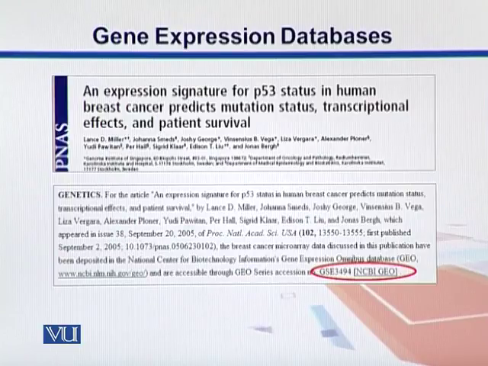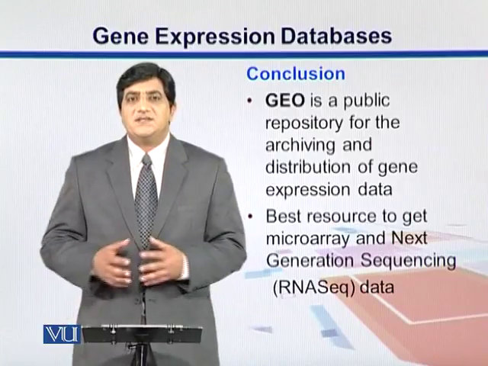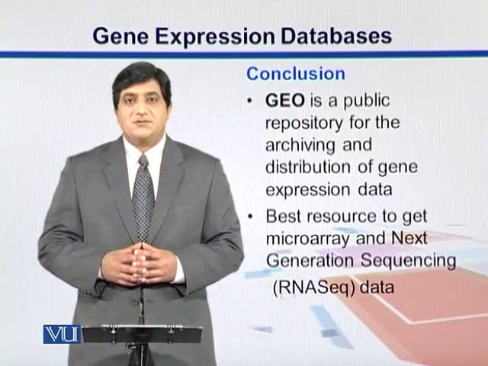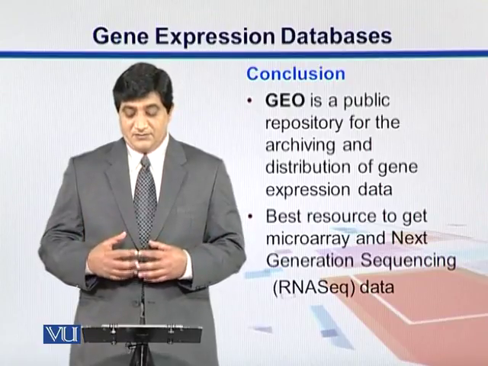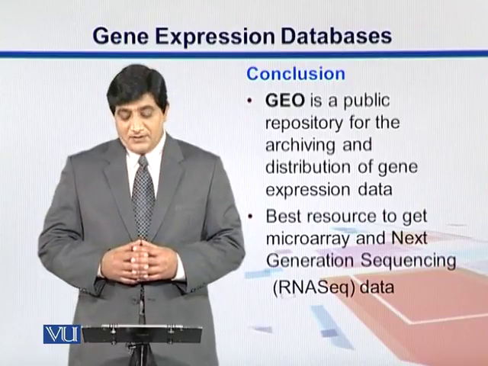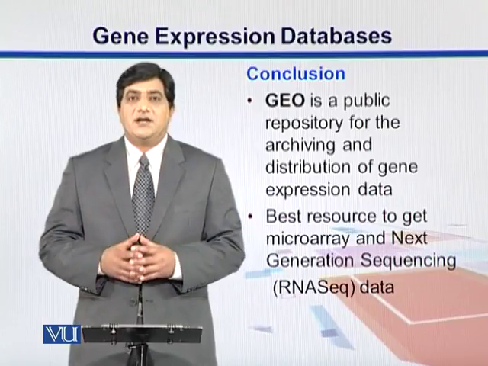If you are submitting your paper, you need to provide this information to the publication agencies. So we conclude that Gene Expression Omnibus, GEO, is a public repository for archiving and retrieving gene expression data, and it is the best resource where we can get microarray or RNA-seq data.